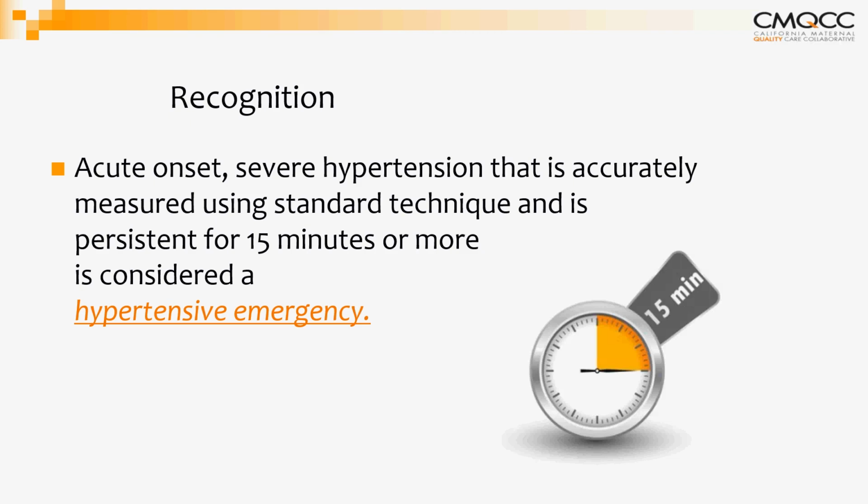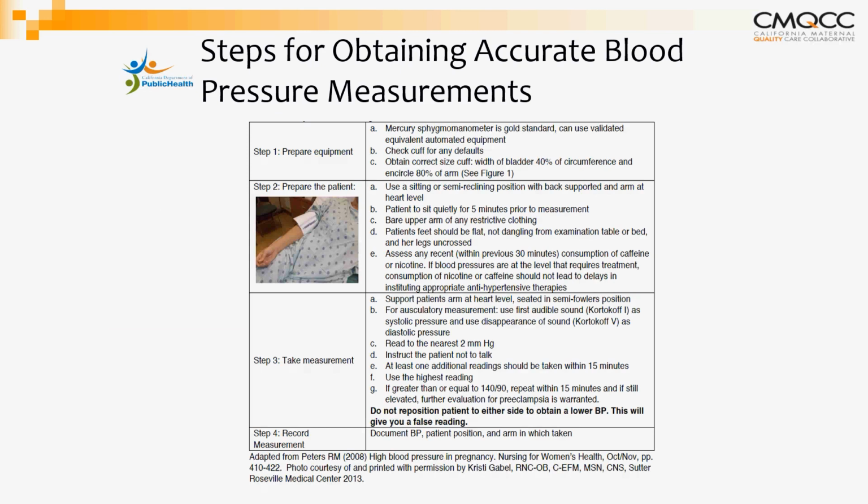So when we think about recognition, particularly in light of the bundle, we are looking at acute onset severe hypertension that is accurately measured using standard techniques and is persistent for 15 minutes or more, and that is what is considered a hypertensive emergency. Next slide.